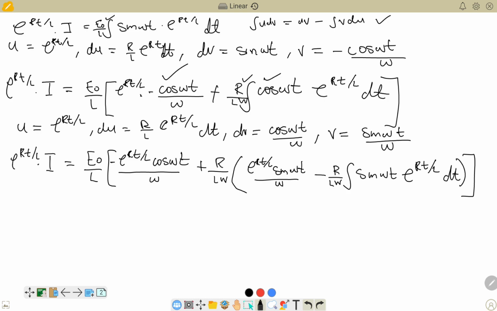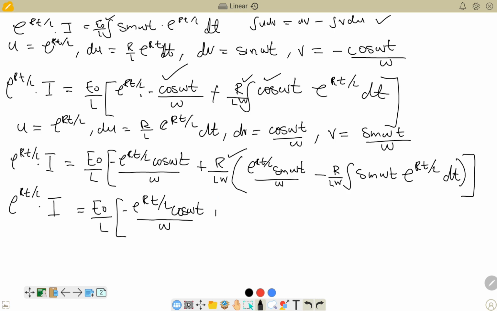So now what we need to do is to multiply throughout by this. So we'll have e to the power rt over L times I equals e naught over L, then minus e to the power rt over L cos wt over w plus, I will multiply throughout now.